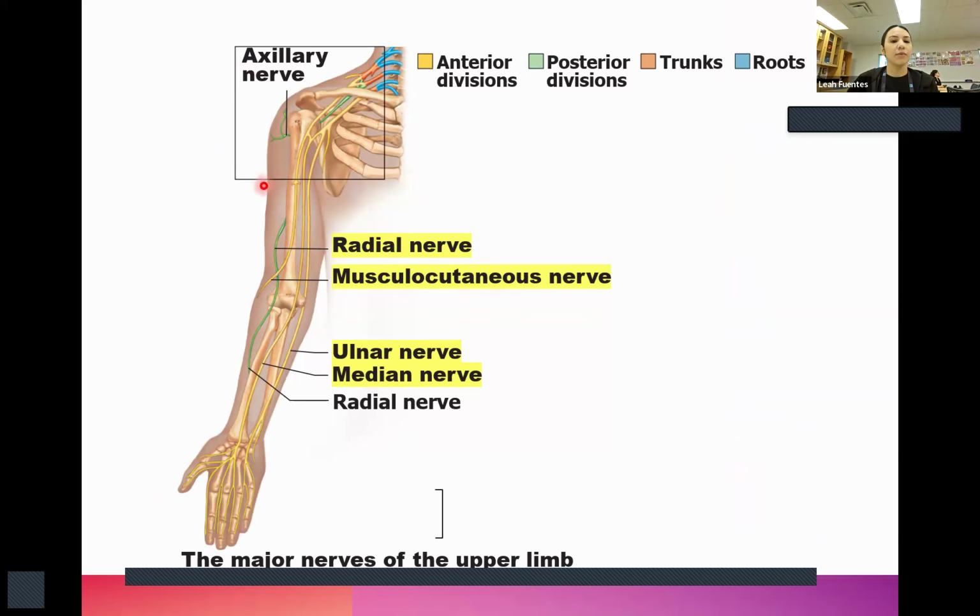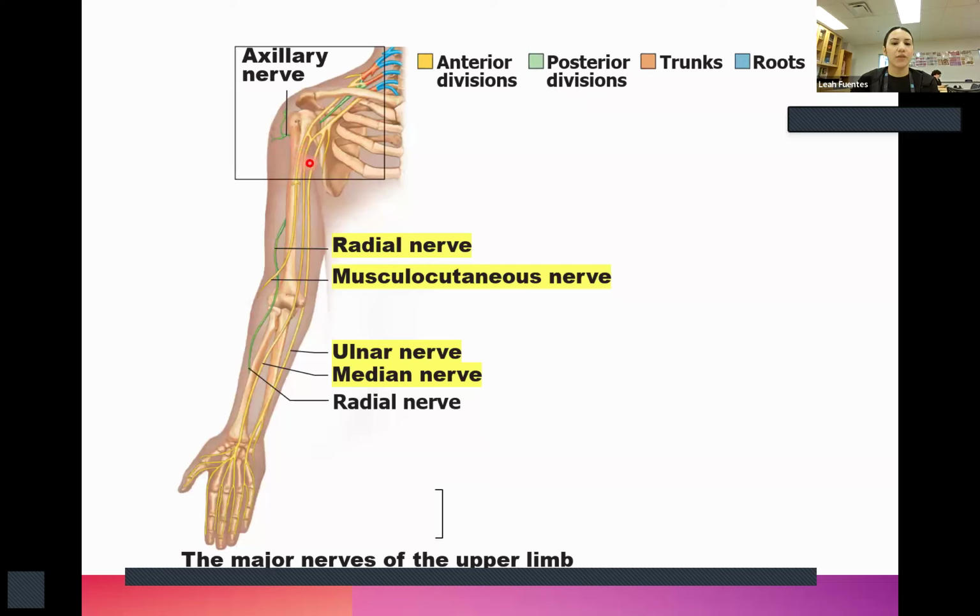Okay, and then I do have it labeled over here. So this is going to be your axillary nerve, our radial nerve, and then again, median and ulnar. And then we also have our musculocutaneous nerve. These are just showing you the divisions that you can see them.